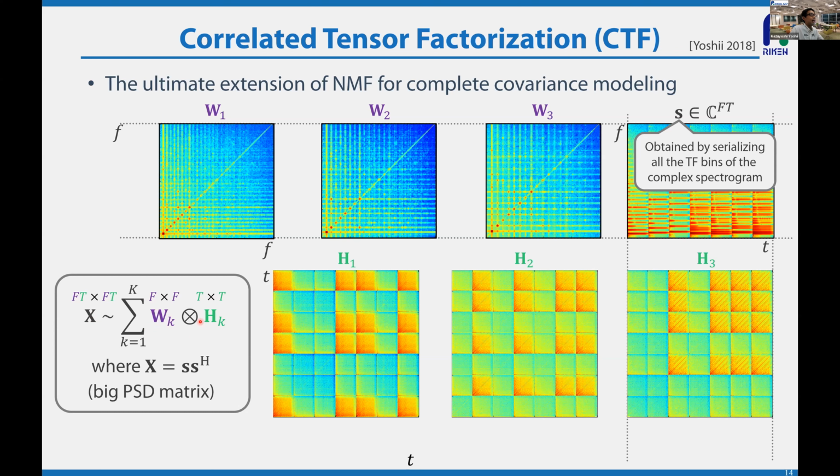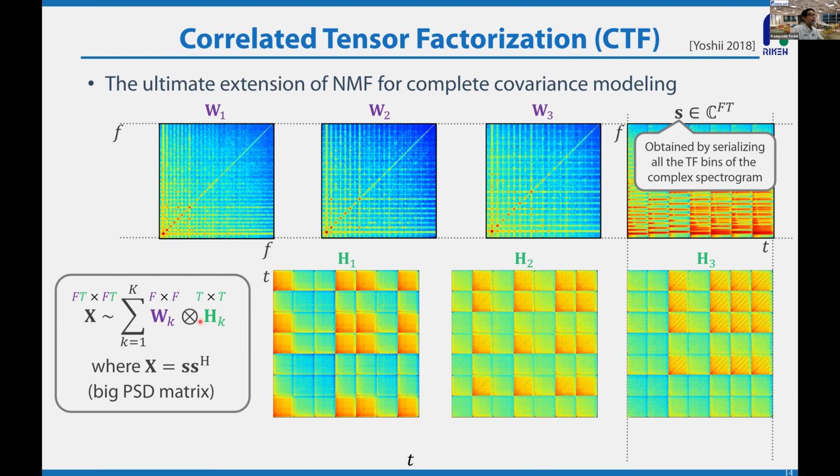So by calculating the product, we get a rank-one matrix. This power spectral density is represented by a rank-one matrix.